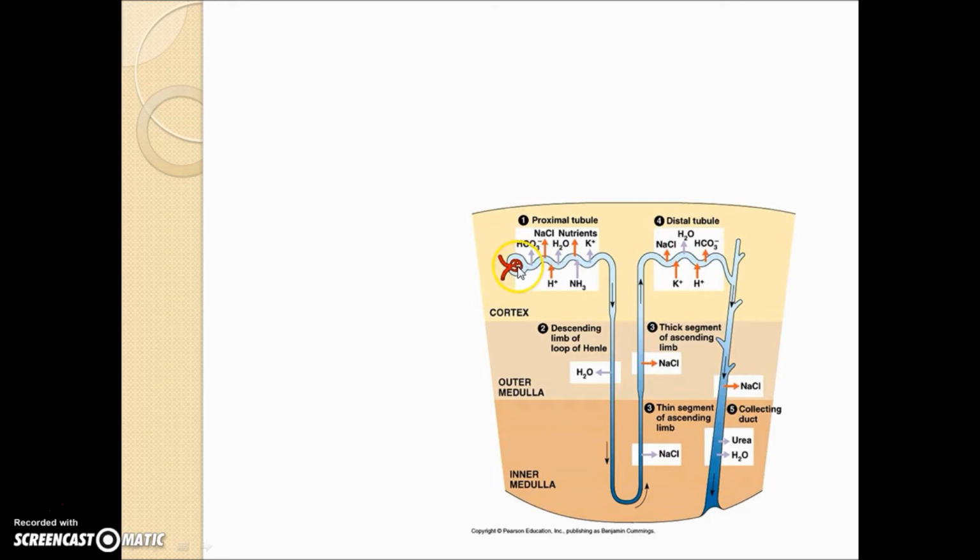Then all this liquid starts traveling around all this long tubule. Okay. Why? To give the kidney time to reabsorb all the things that are really necessary for our body. For example, our little friend glucose, okay?